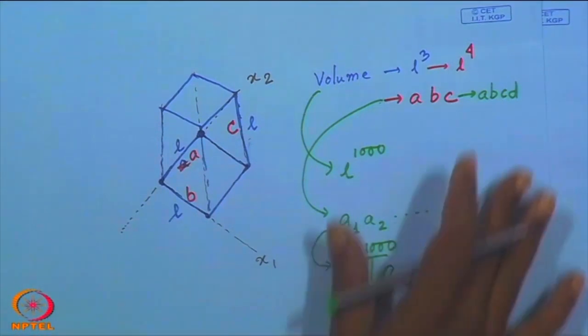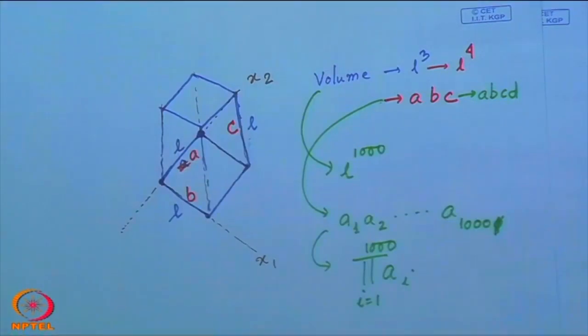Now, as we have seen in the case of 2-dimensional space or 3-dimensional space, every bin can be uniquely identified by the location of 2 vertices.